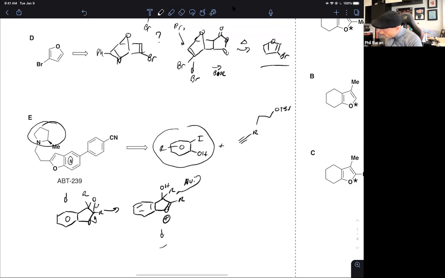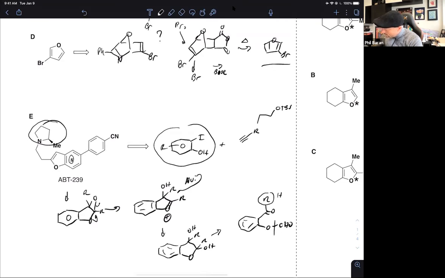It can be attacked by water, giving a species like this, which can then undergo further oxidation, giving you species like this. And then this obviously hydrolyzes, and now if the R is equal to H, you've got a salicylaldehyde, which could be a problem. So in general, these things are so messy, people want to avoid them.